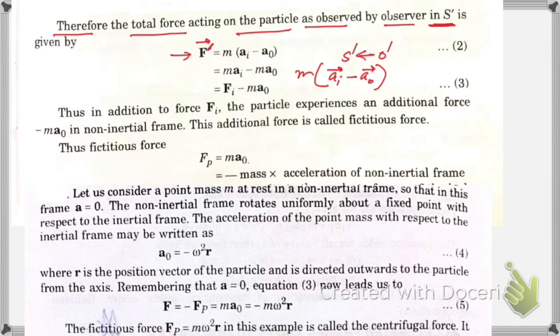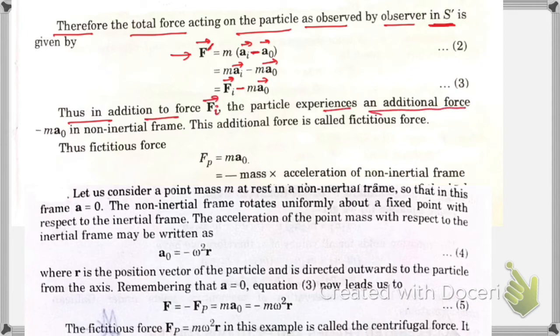So hope you have understood this. Now these are vectors. Where you see the bold letter, that means that is a vector. So remember that. Thus, in addition to the force F i, the particle experiences an additional force, that is minus m a naught, in the non-inertial frame.